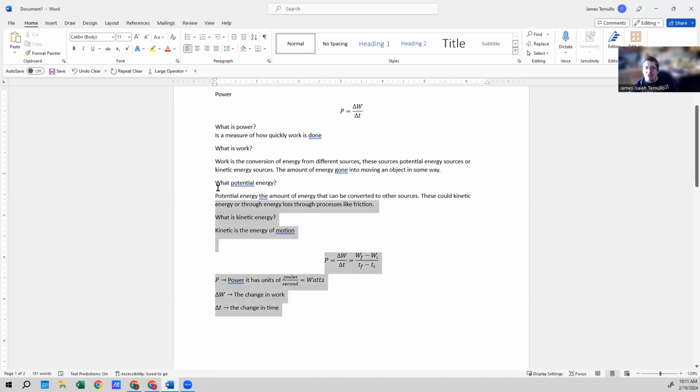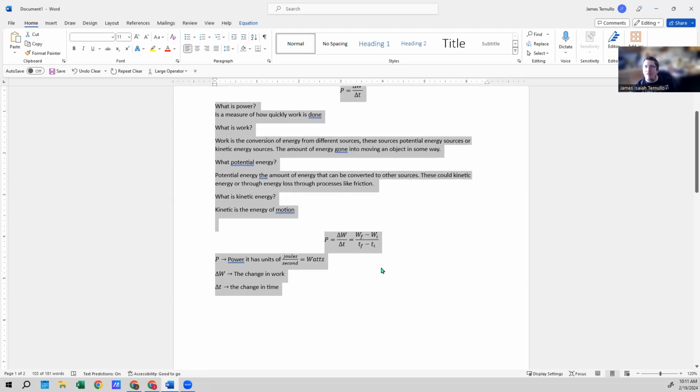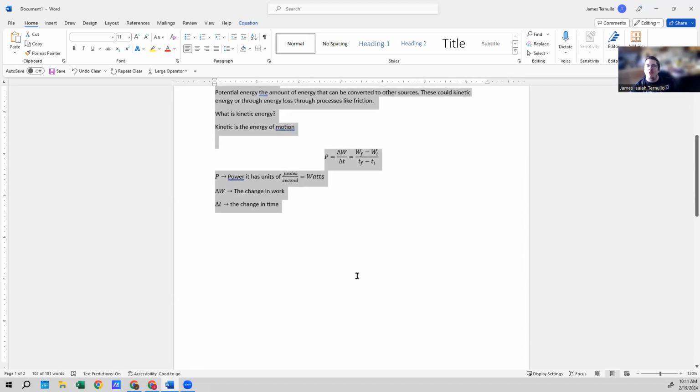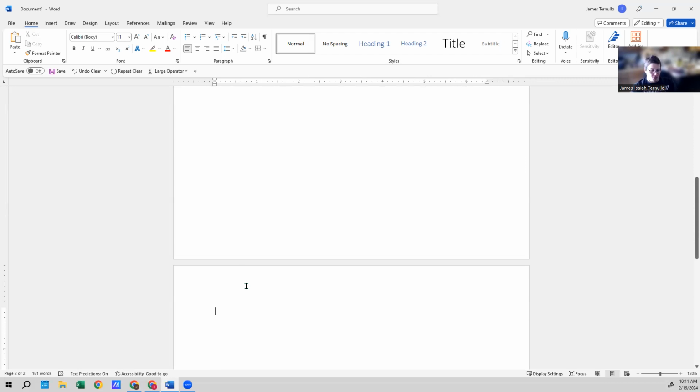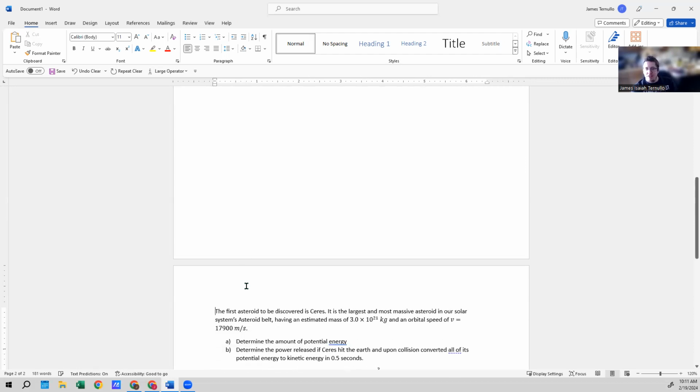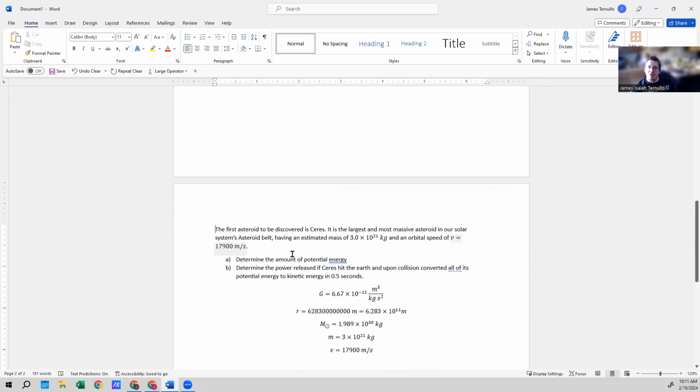There's not much in this equation in terms of dissecting, so much as there's a load of physical concepts that go behind this. And so what we want to do is learn how we can apply this to a question. The question that I have chosen is that the first asteroid to be discovered is Ceres.